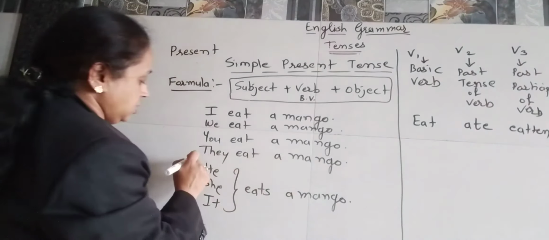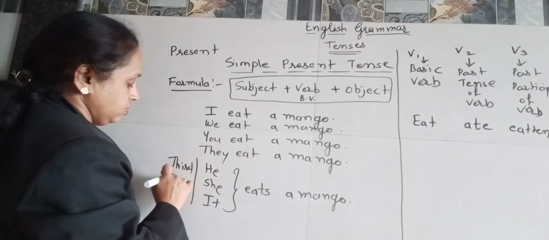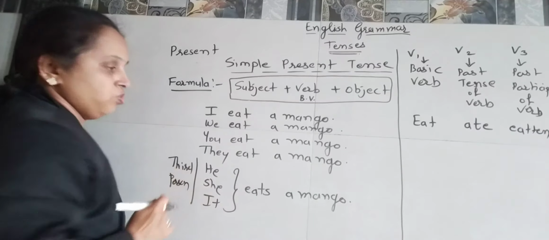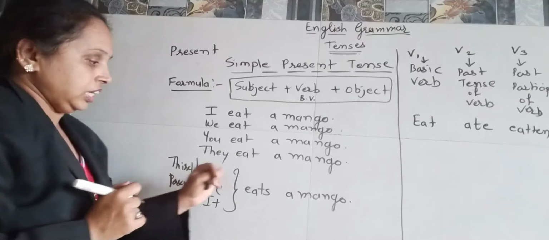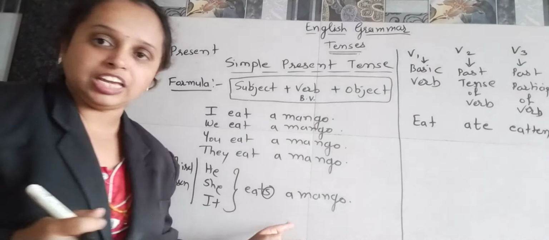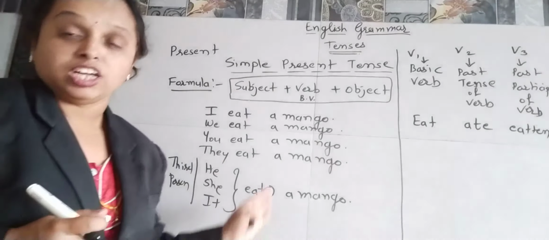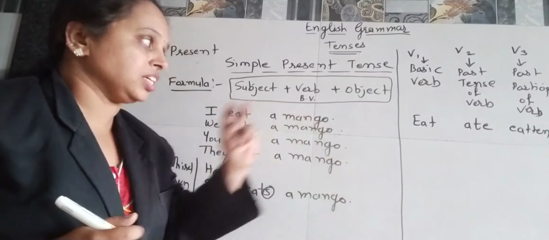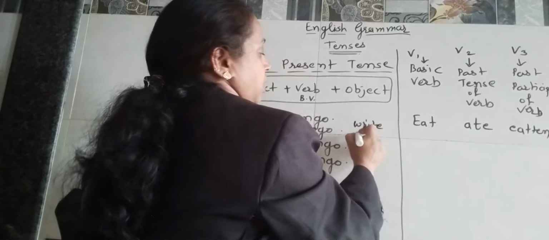So this is the third person, and we always use S with the basic verb for he, she, it. Keep this in mind and make sentences for the verb: write a letter.